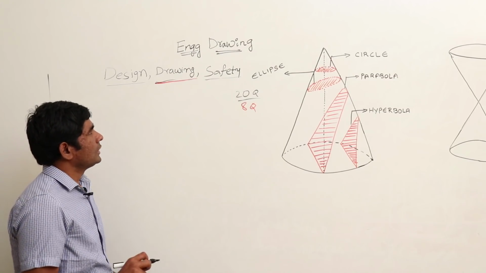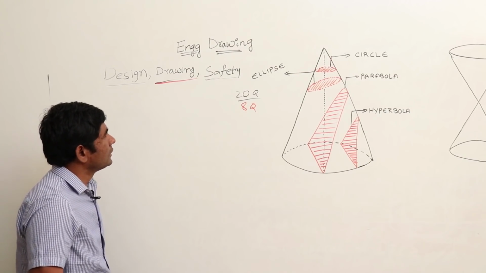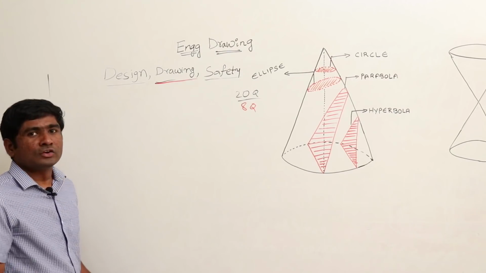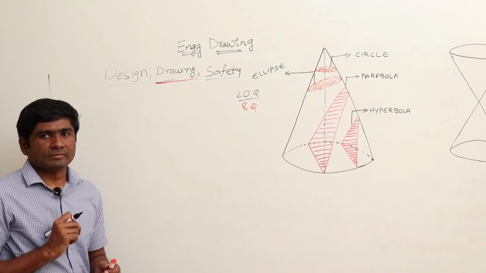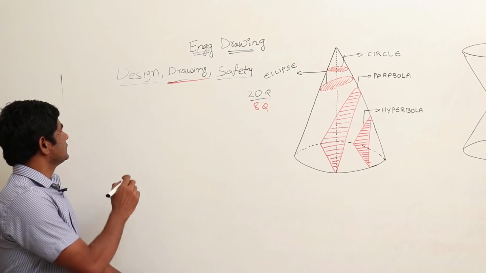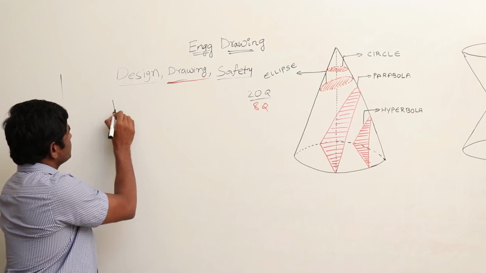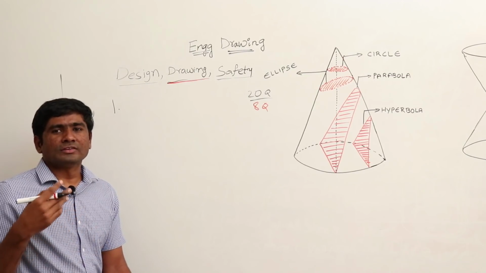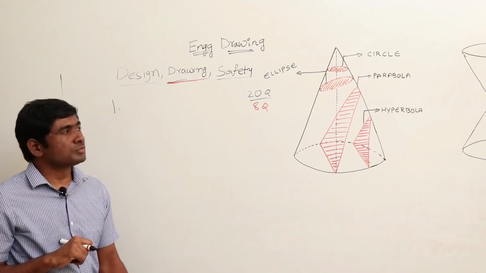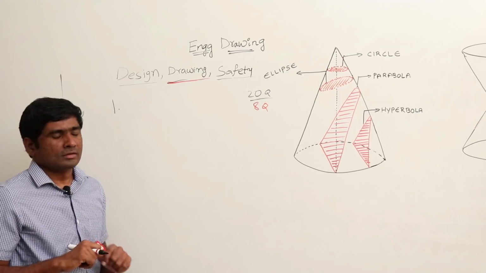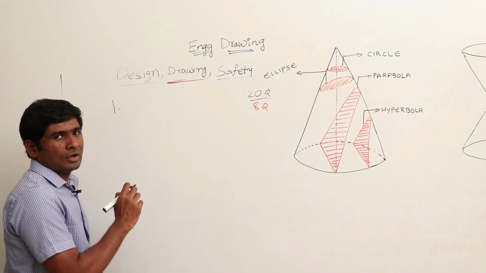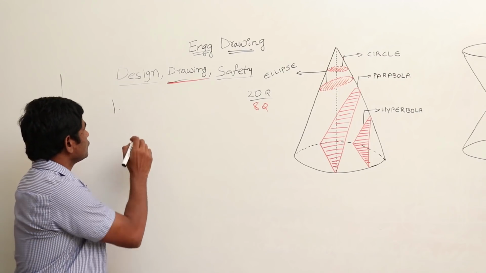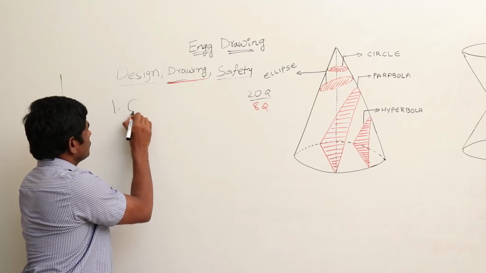Here, this engineering drawing I would like to divide into 3 sections. The first section will be the engineering curves, because if you observe the last year questions, most of the questions were asked from the engineering curves.